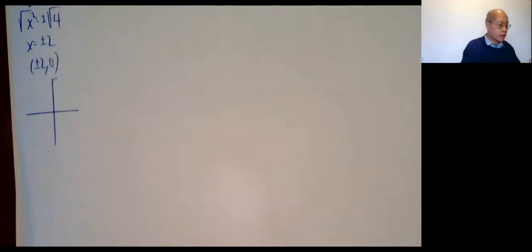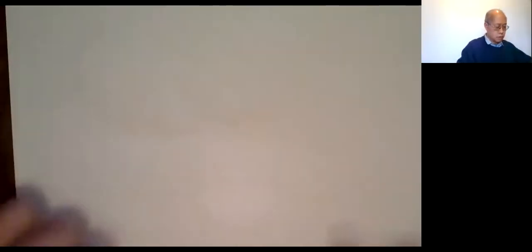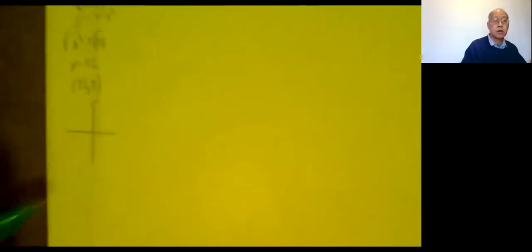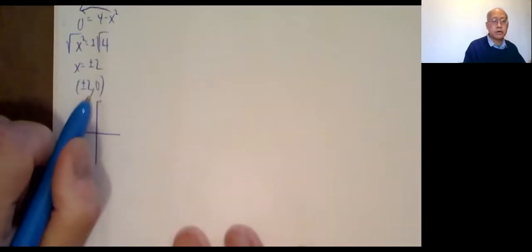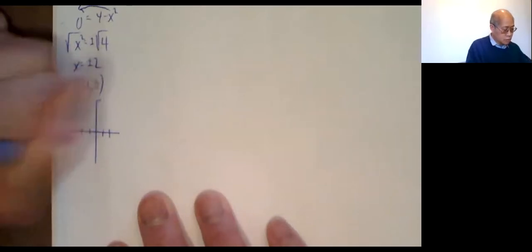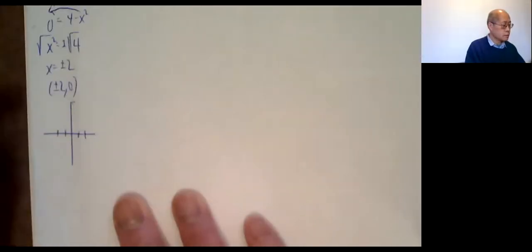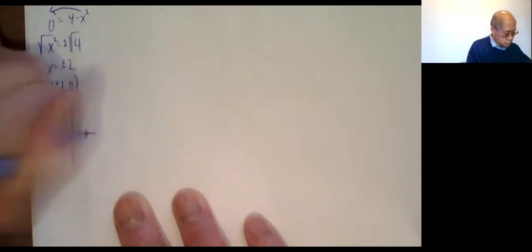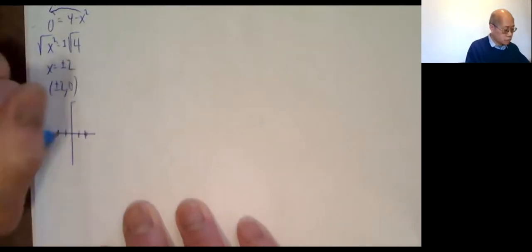So, a quick graph. Just freehand. Don't go out and buy graph paper. Sorry, try to uncurl the paper. Plus or minus 2, comma 0. So 1, 2, 1, 2. There and there.